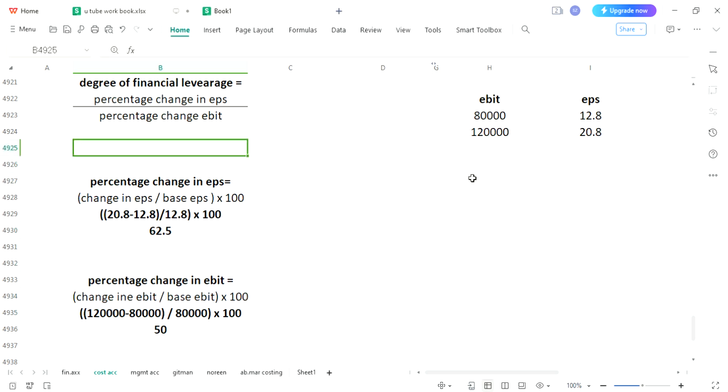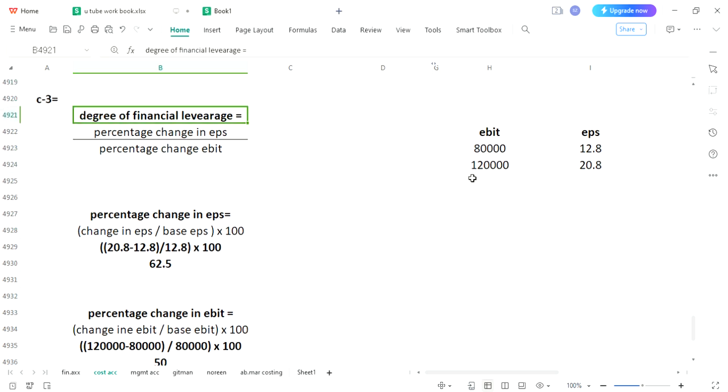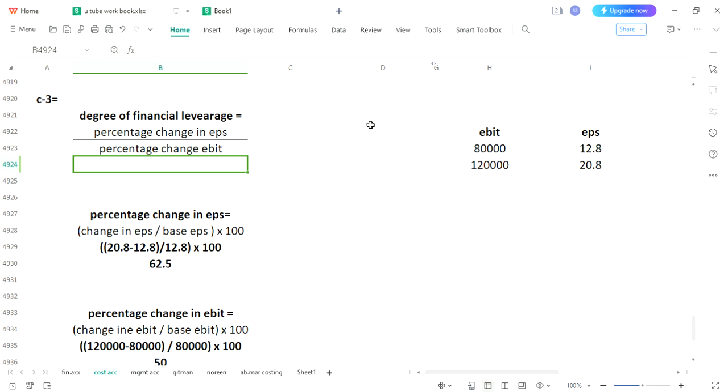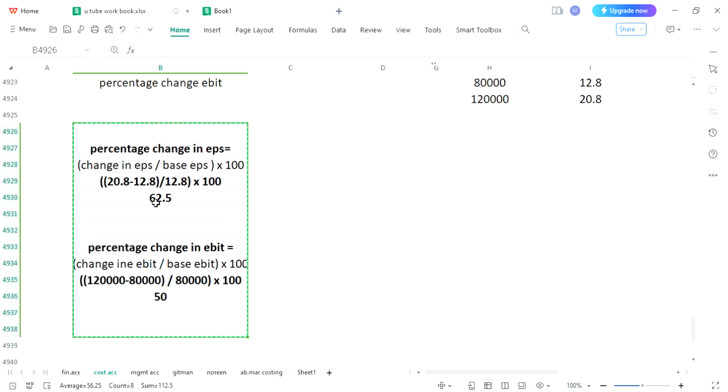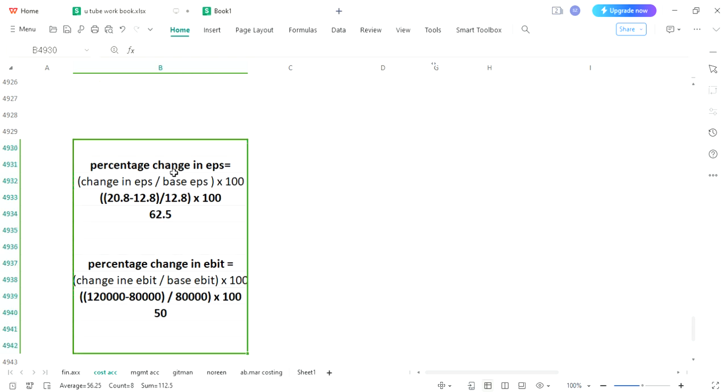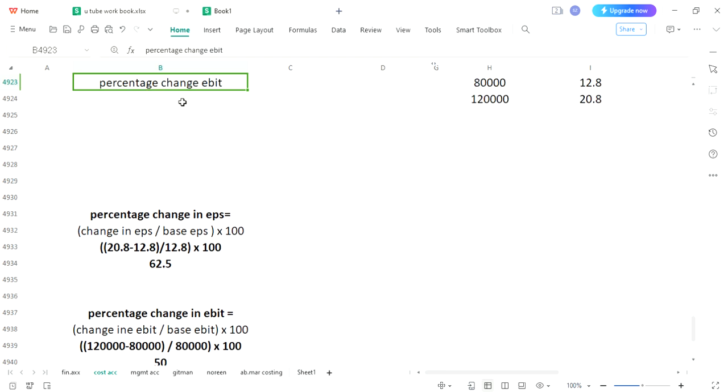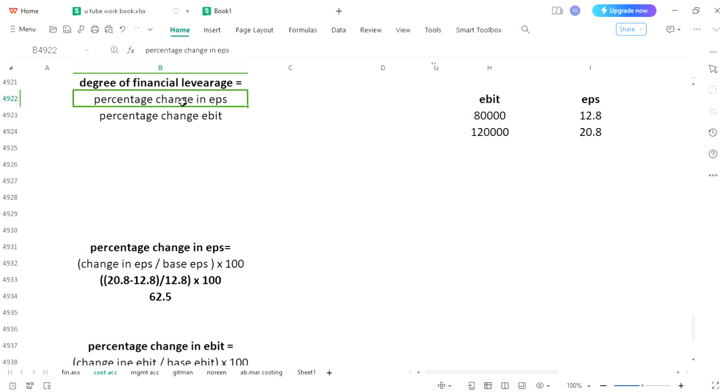Now let's see our formula for degree of financial leverage. You will simply put the percentage change in EPS. I think we need a little more space. Let's make it two lines. For following the formula, we need the percentage change in EPS, which was 62.5.